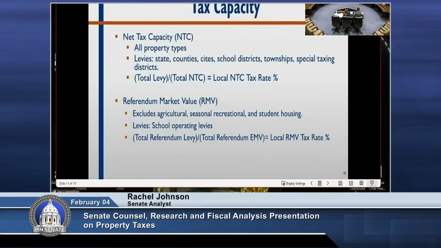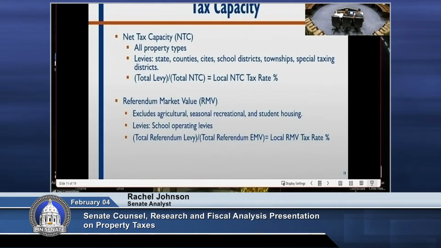These NTC levies account for about 82% of property taxes in the state. They include most types of taxing districts, state, counties, cities, townships, special districts, and they include all property types. And to calculate a taxing jurisdiction's net tax capacity, you take the total levy and divide that by the total net tax capacity of the district.